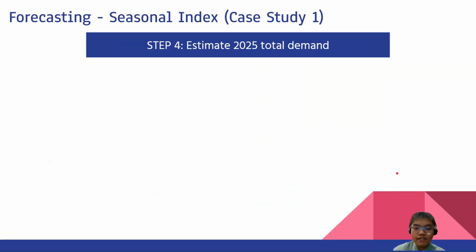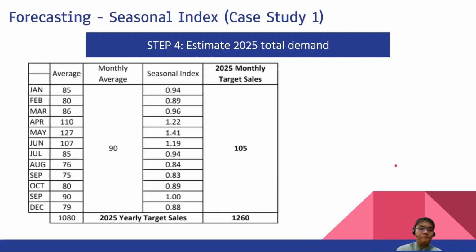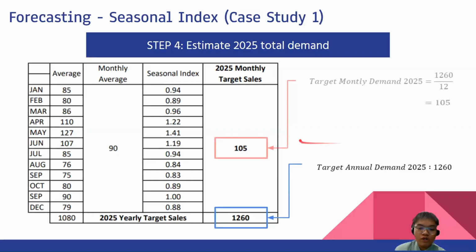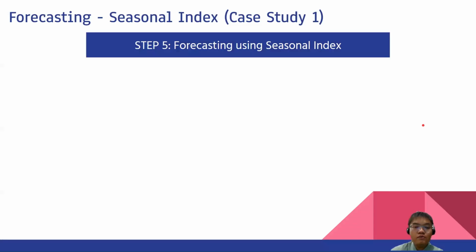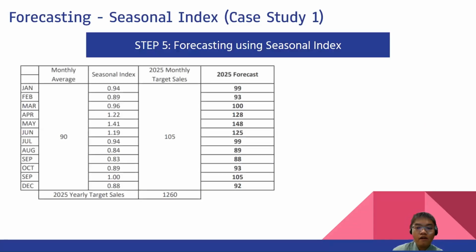After calculating the seasonal index, we then estimate the total demand for year 2025. In this case, we target the yearly sales to be 1,260, equivalent to 105 monthly. We just use 1,260 divided by 12, so monthly we estimate the sales will be 105. After that, we can forecast using the seasonal index that we calculated just now.